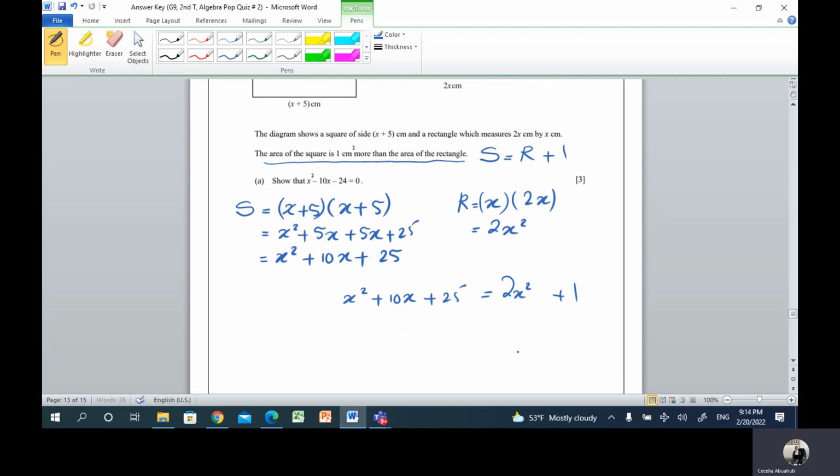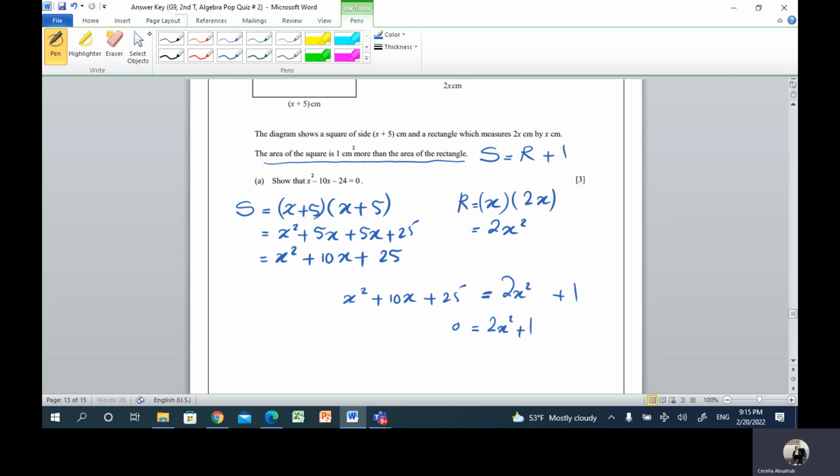Now let's keep all the terms on one side. So we're going to send all these to the other side, and we're going to keep the left side as a 0. So 0 is equal to 2x squared plus 1.